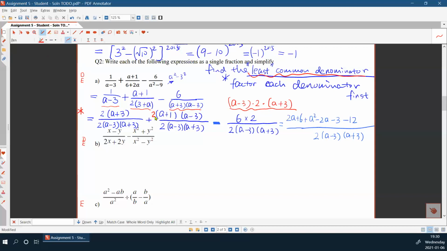I missed a 2 here, right? 2 cancels with each other.